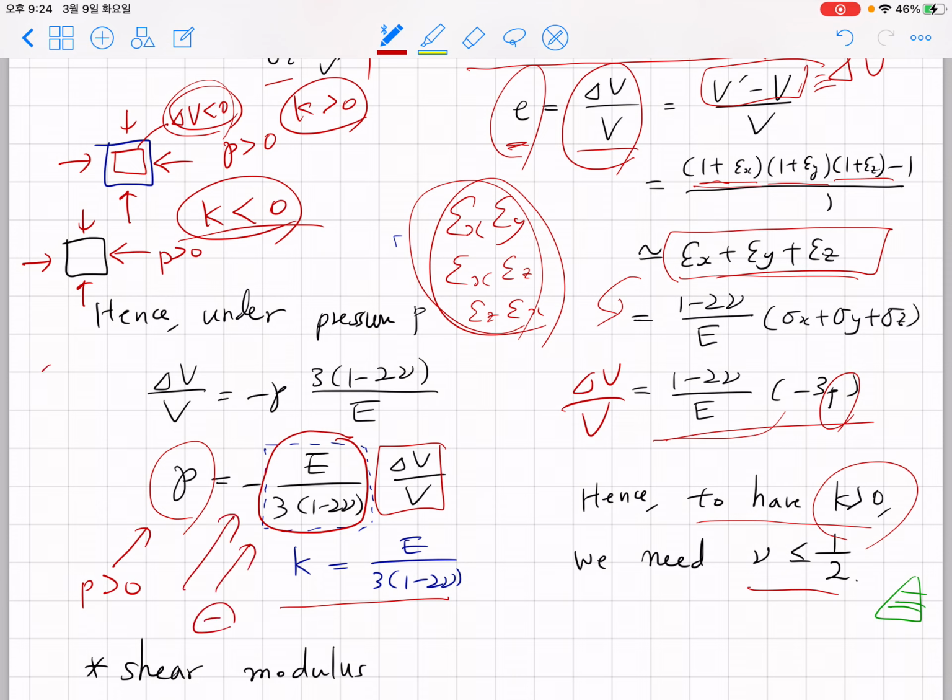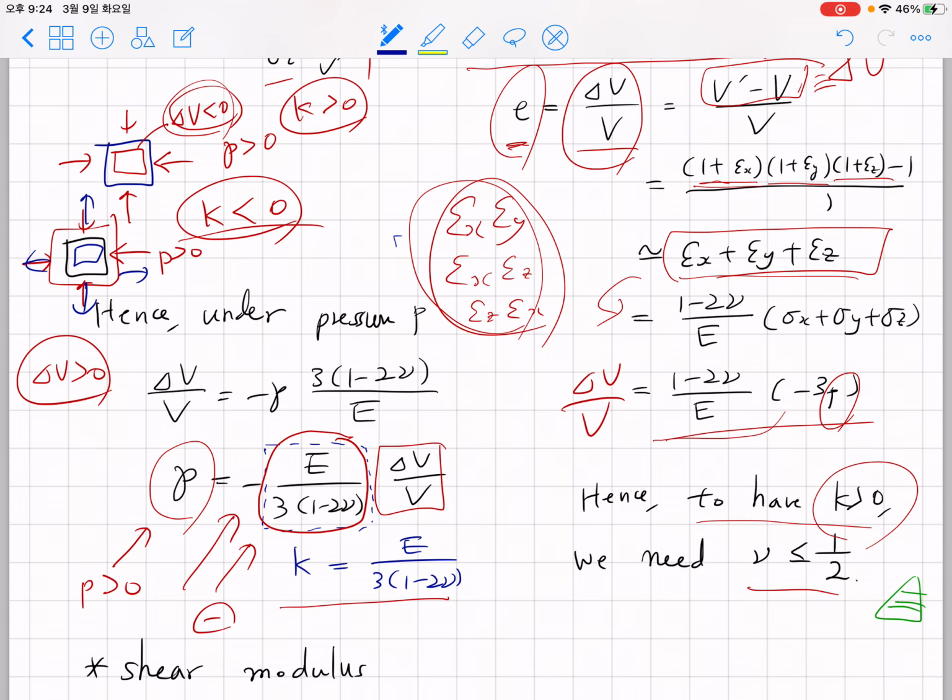What you can expect is that volume will increase. So under compression the volume will increase, and under tension, volume will shrink. Of course this is an unstable material, and we cannot have this kind of material in the real world. That's why k must be larger than 0, and that's why Poisson ratio is equal to or smaller than 1 over 2, or 0.5.